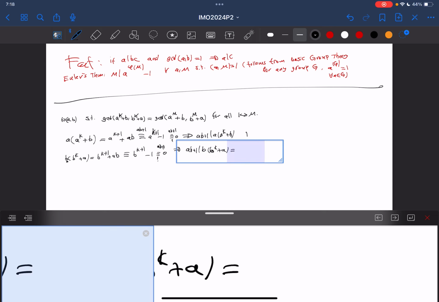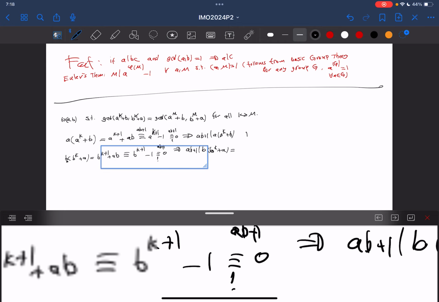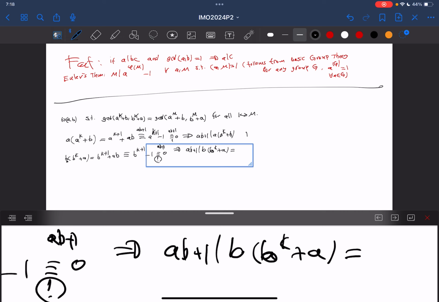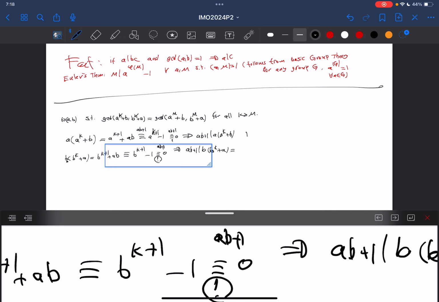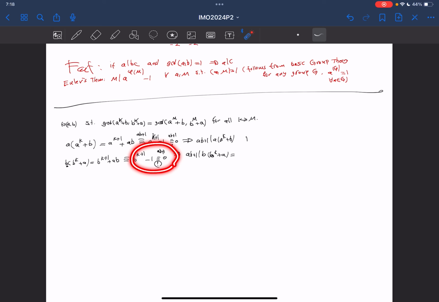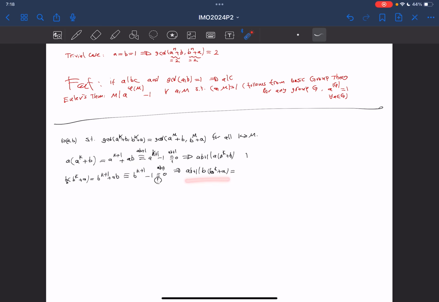This would follow if this part here is true, so if k satisfies this condition, then I would get this one.